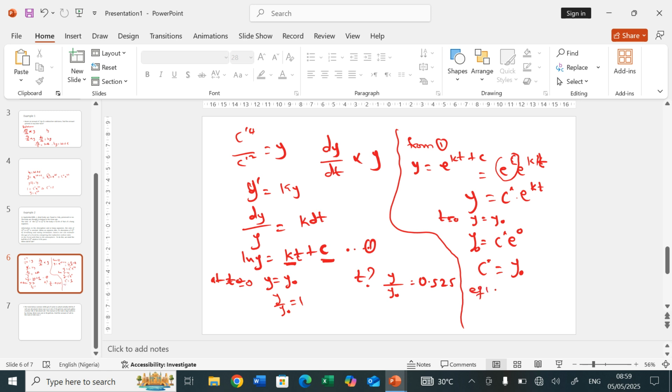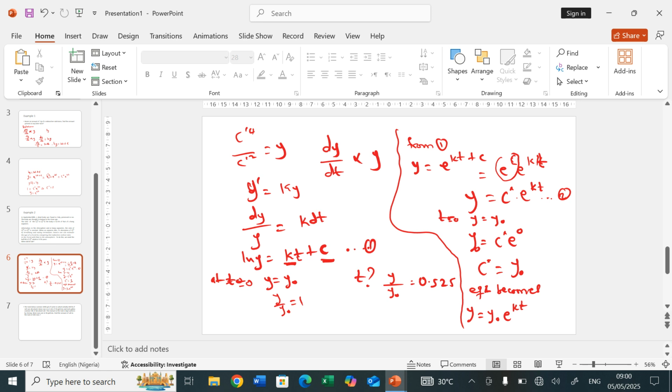So equation 1 becomes equation 2: Y equals Y naught exponential KT.